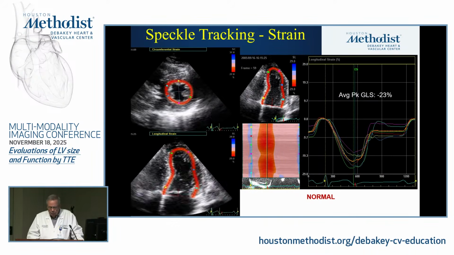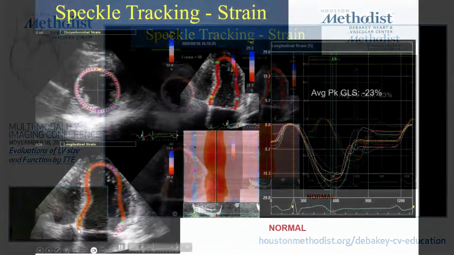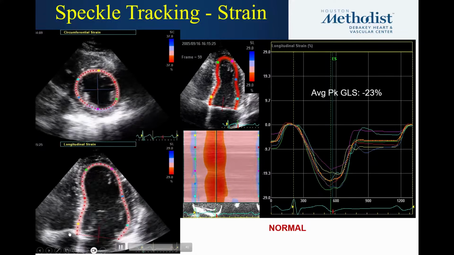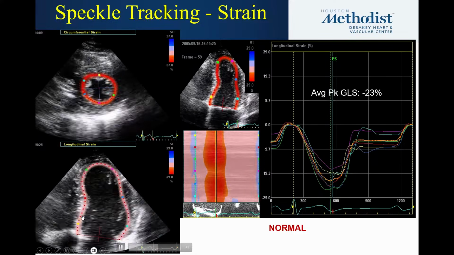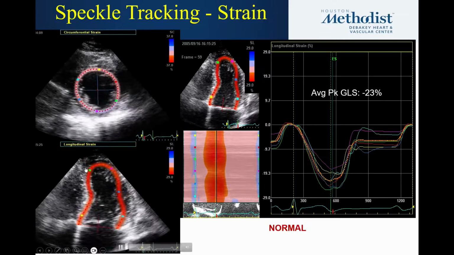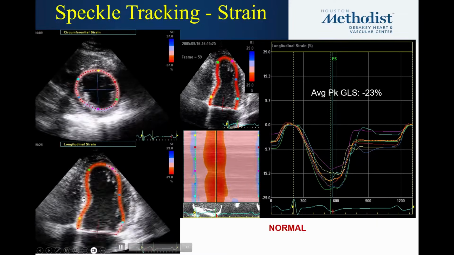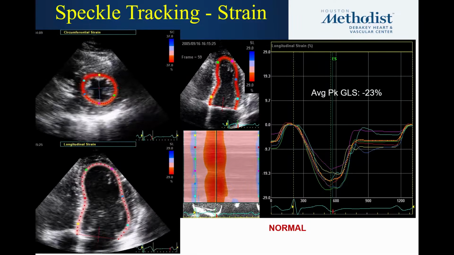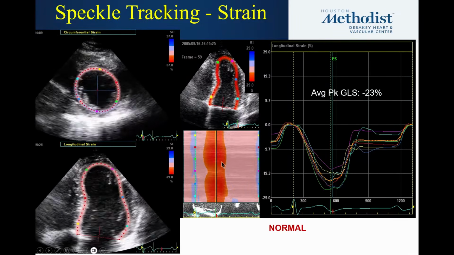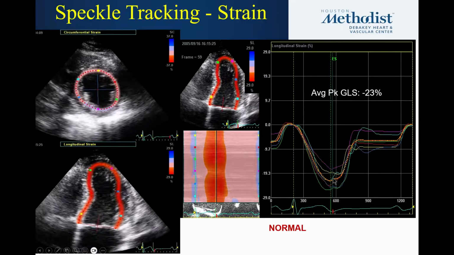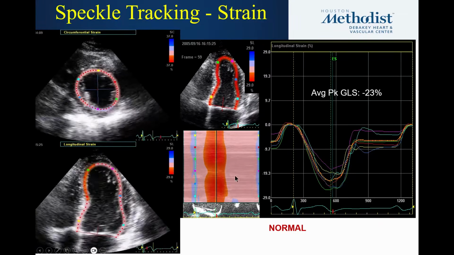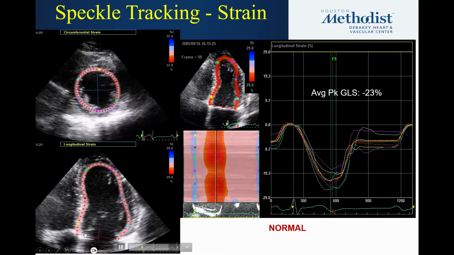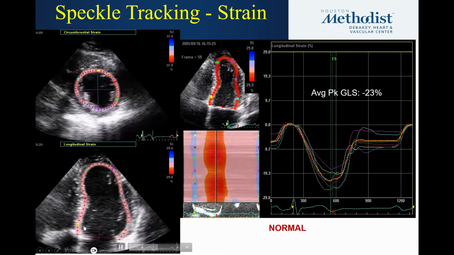So this would be a nice normal case, and this is longitudinal strain. And of course, what the computer does is pick up certain regions of the heart, and within those regions, it calculates the shortening of those pixels and gives you a curve. So each of these curves is coming from one of those regions of the left ventricle, depending on the view.